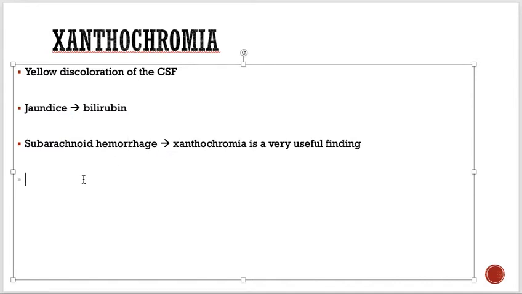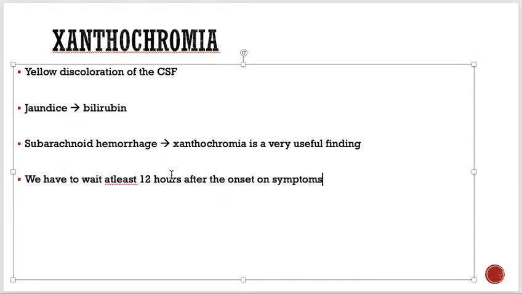To appreciate xanthochromia, we have to wait at least 12 hours after the onset of symptoms. This is very important, so that the blood in the CSF is broken down and bilirubin is released, and then we will see xanthochromia.